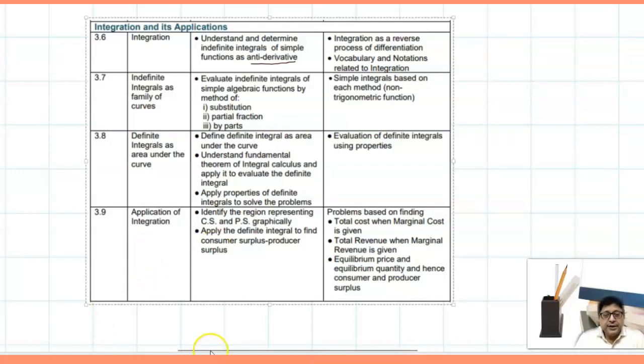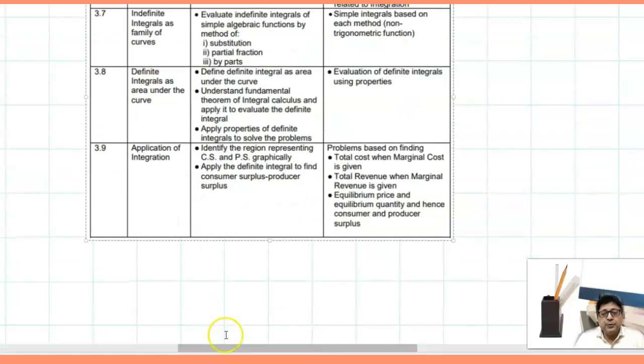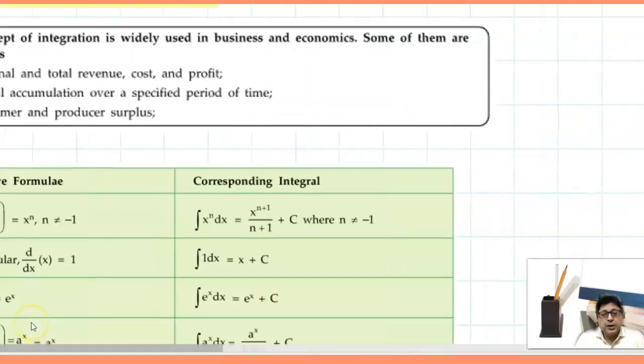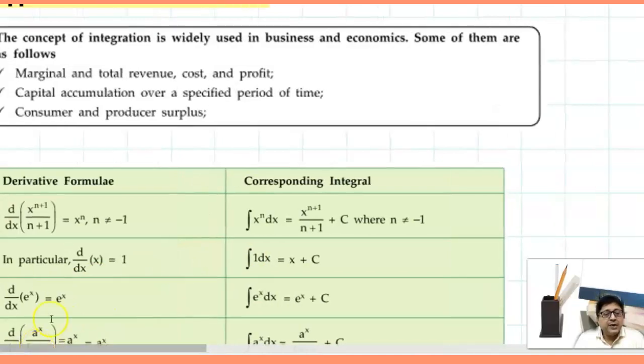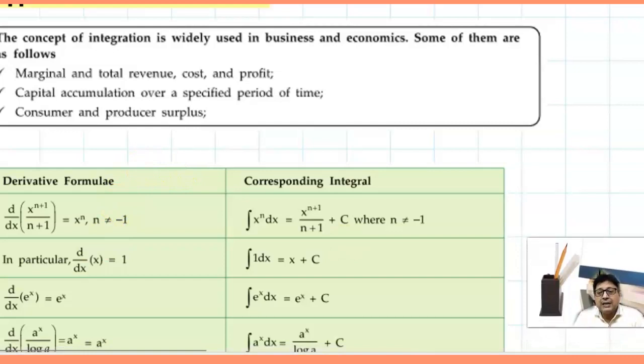In indefinite integration, here is what you can do before your board examination. So initially we just see this one as integration as the reverse process of differentiation, and there in the reverse process of differentiation, the derivative you know and the corresponding integral you have to write, because the derivative of this thing is x to the power n. So for x to the power n, the integration is this.